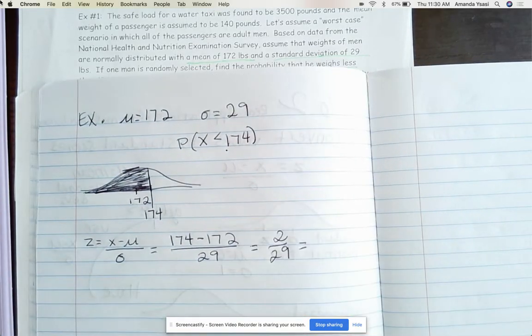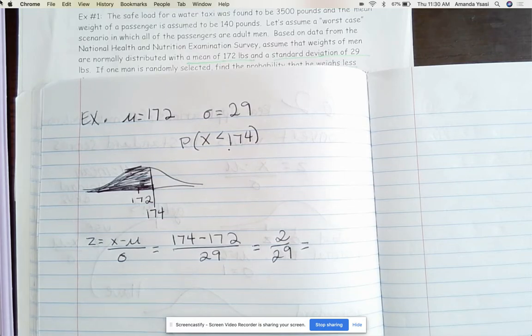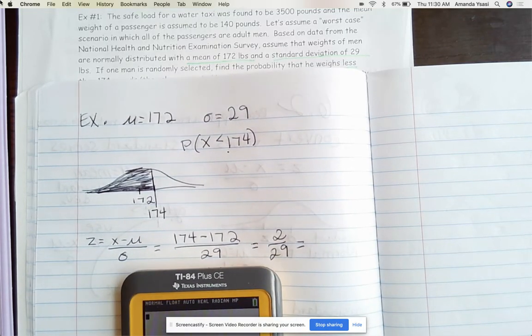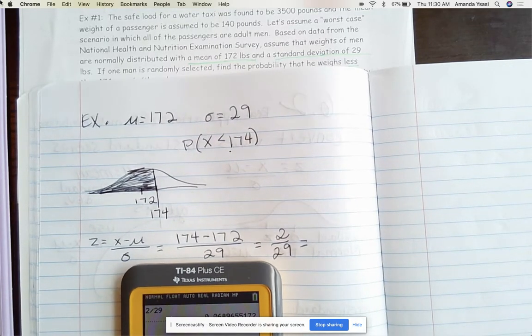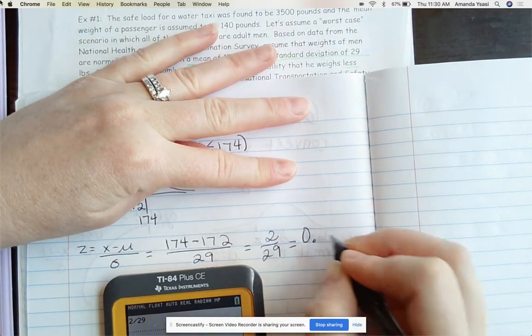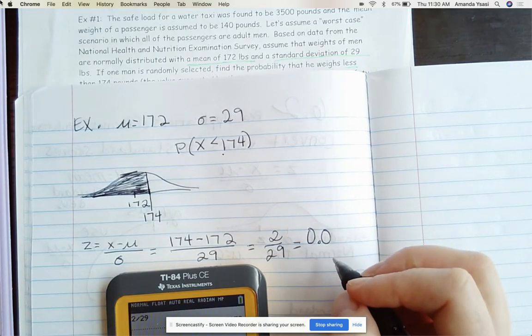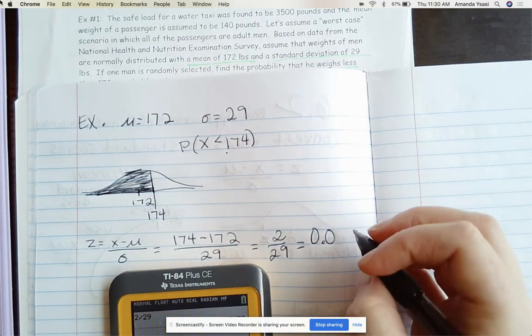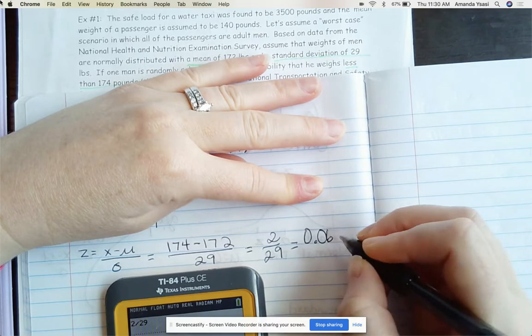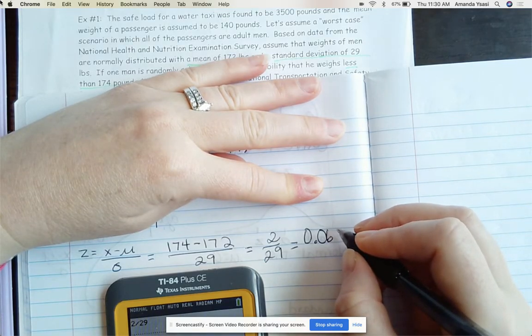And we need to write that as a decimal. 2 over 29 is 0.0, we can put 6, 8, 9, or let's go ahead and put that 6. Well, it'll actually be 6, 9.